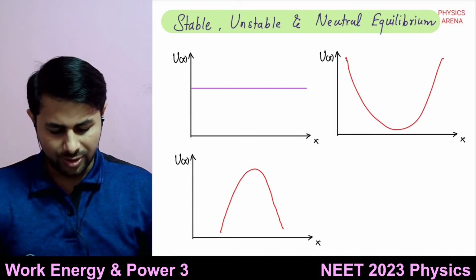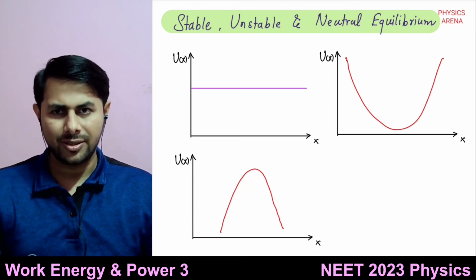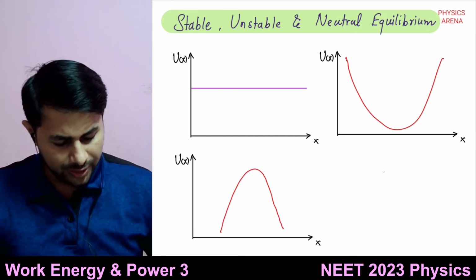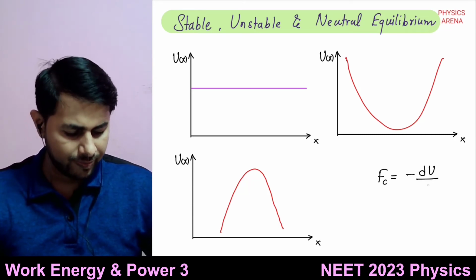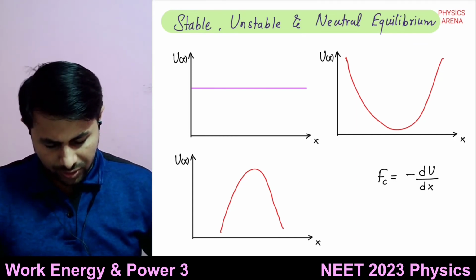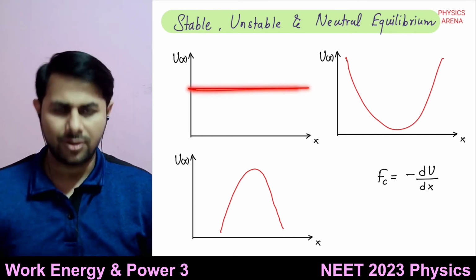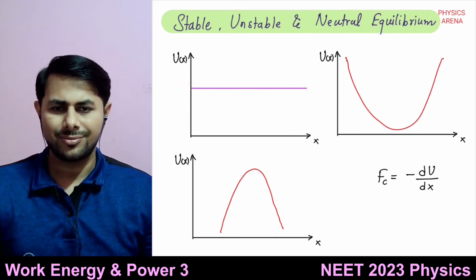Now, since the conservative force is equal to minus of derivative of potential energy with respect to x, how much would be the force acting on an object if potential energy is like this? It is zero, right?